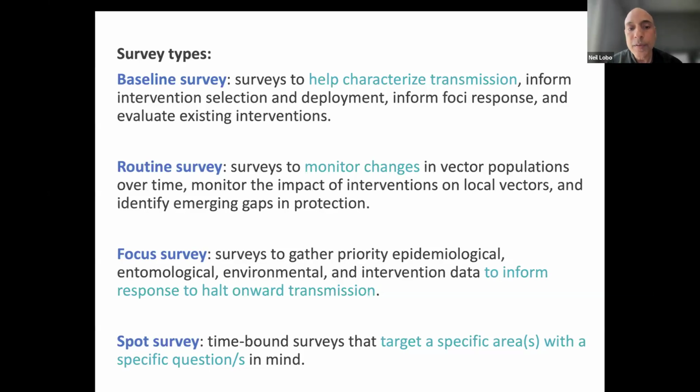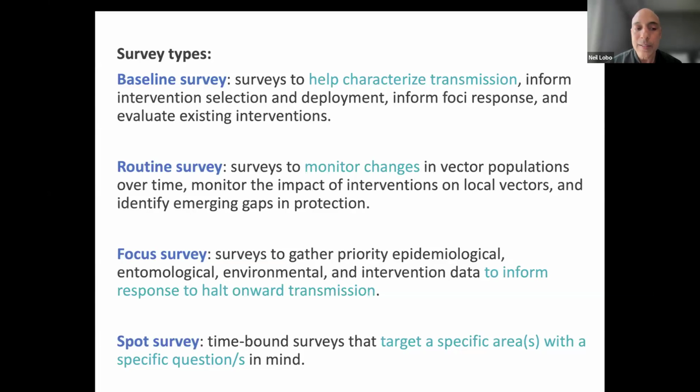Now, a focus survey, also like a focus site, at a focus site, is used to gather important epidemiological, entomological, and environmental and intervention data. So multiple types of data, all those that inform and drive transmission so we can understand what to do to stop it.